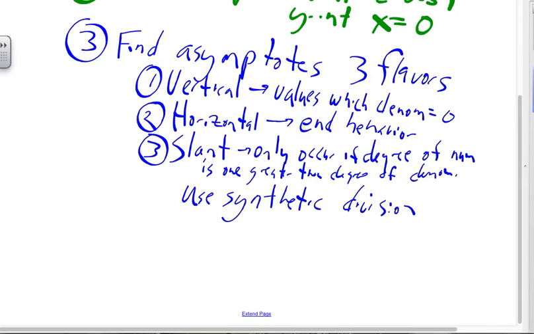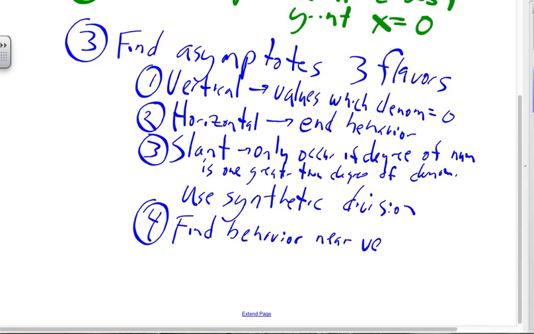All right, so once we've got all our asymptotes, we need to find behavior around asymptotes, or near your vertical asymptote, by using some test points.